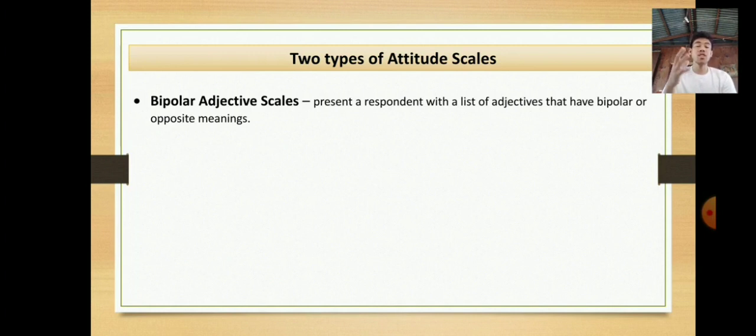Bipolar here means you choose between two. Adjectives are just words like good, bad, fast, slow. So we combine adjectives with opposite meanings, like good and bad, fast and slow.